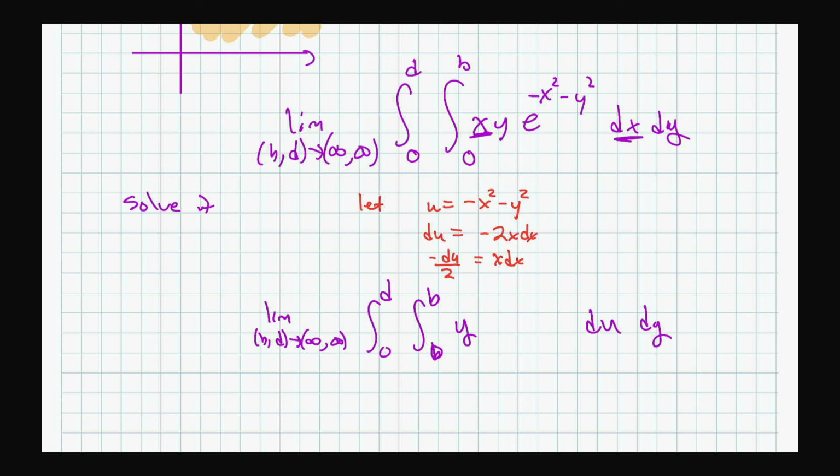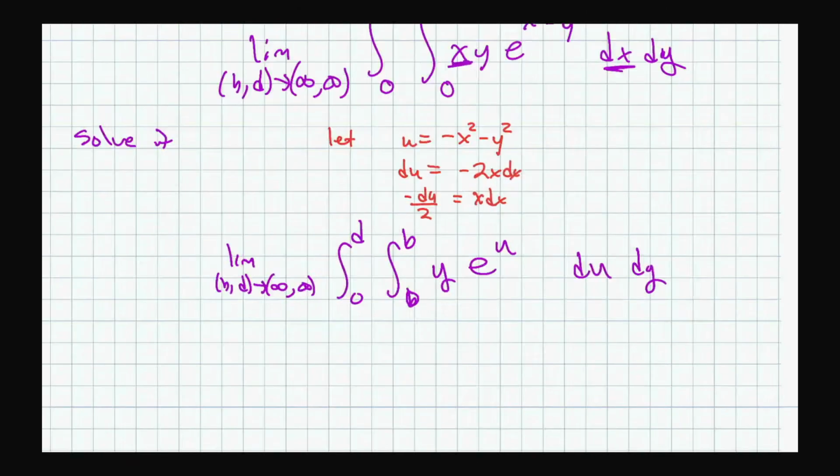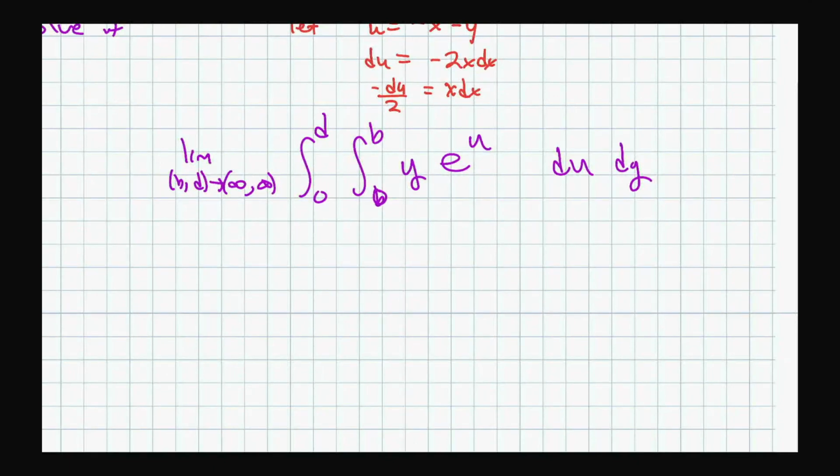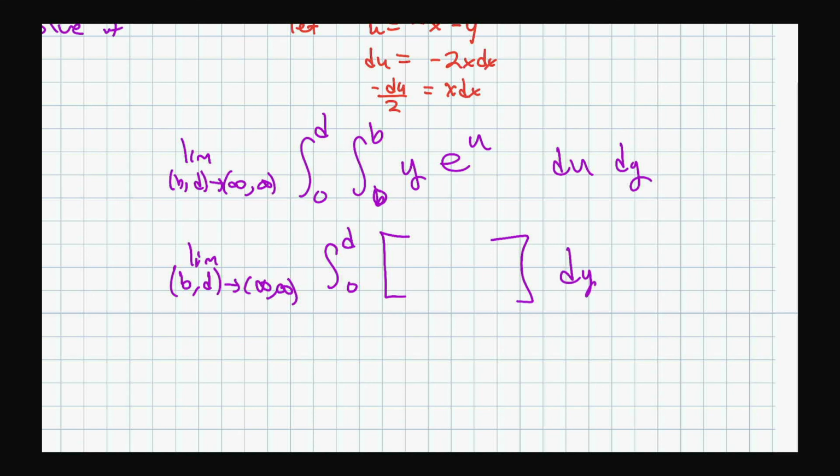And then my e is going to be e to the u. So this is the integral I've got now. I didn't change those limits because I'm going to go back to the original variables, so I'm not going to bother. All right. So we need to integrate this now. And these are x limits, not u limits.